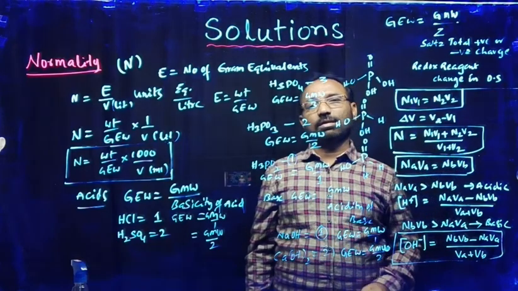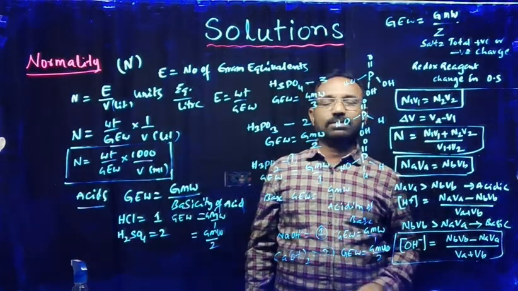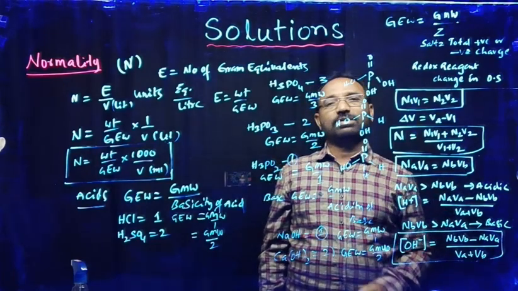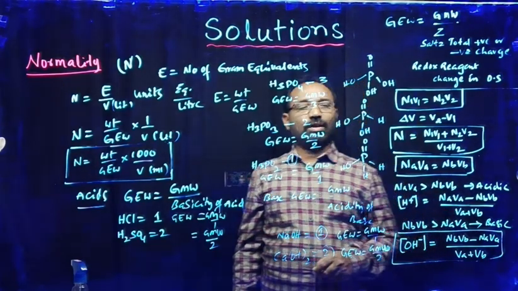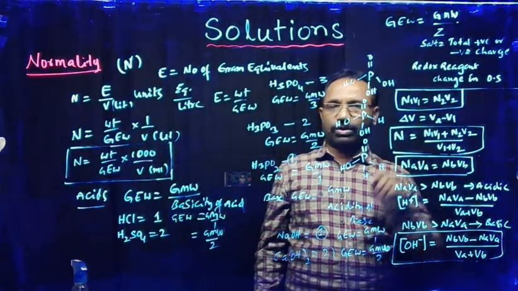This is for the dilution law, and here is the mixed solution of either acids or bases. If NAVA equals NBVB, the nature of the solution is generally neutral.